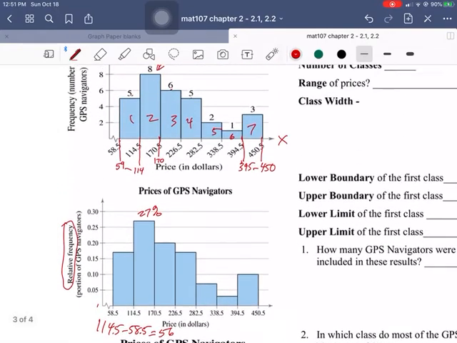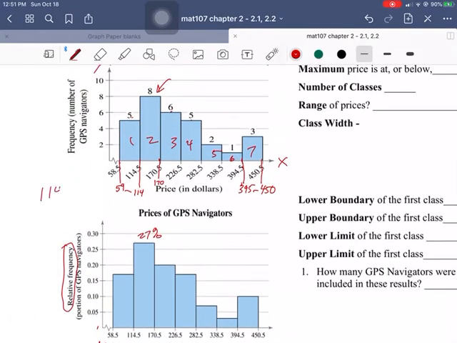But what you cannot do is take the 114 and the 59. 114 minus 59, you are going to get 55. So it's the upper limit minus the lower limit plus 1 in this case would give you the class width of 56.